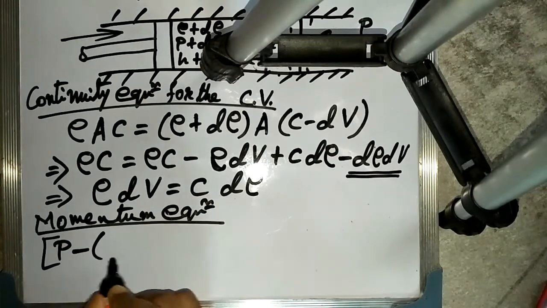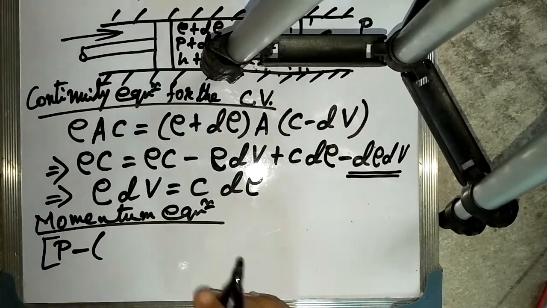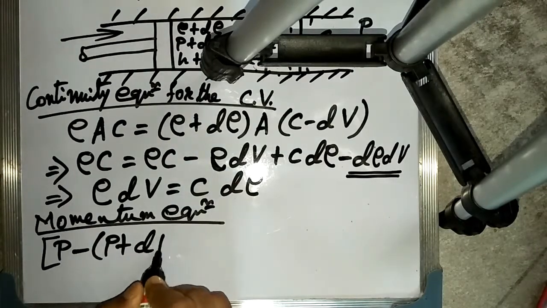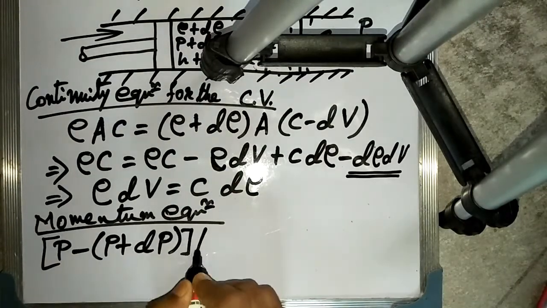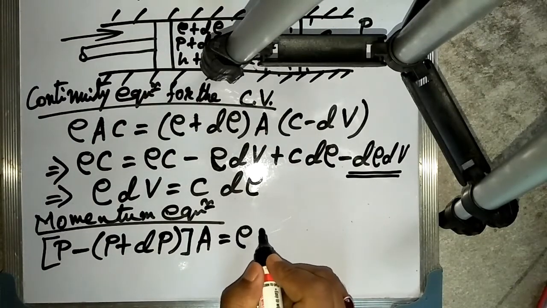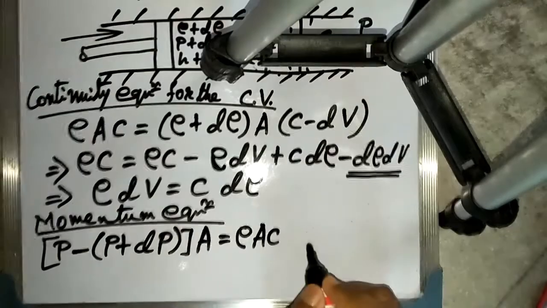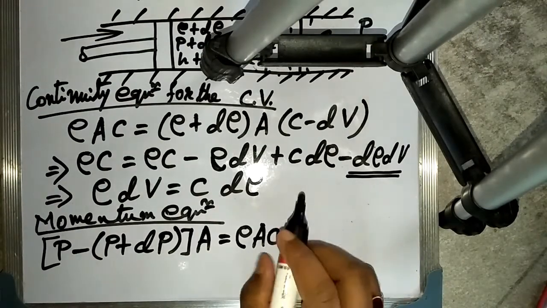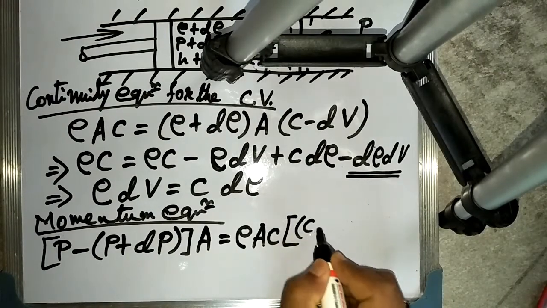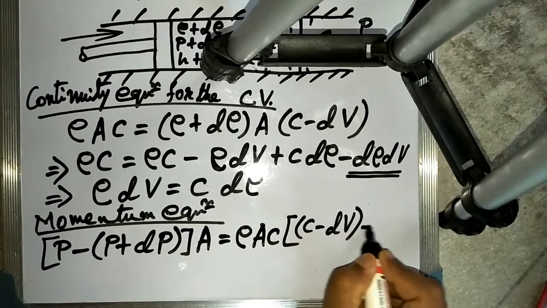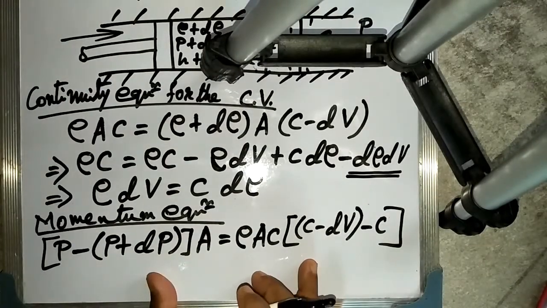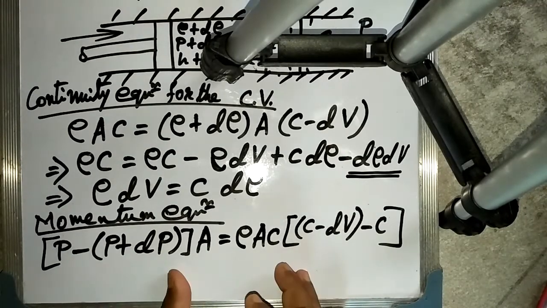The pressure beyond the control volume minus the increased pressure P plus dP, into the area, is equal to rho into A into the velocity of the wavefront into the velocity difference, that means c minus dv minus c. So this is the momentum equation for that control volume.